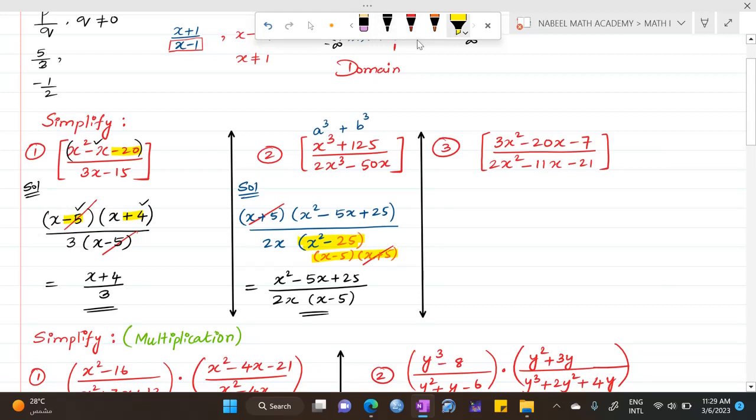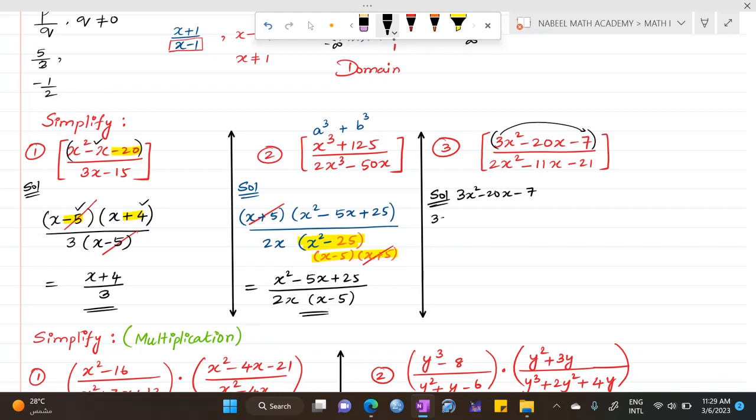Now the next one we will have here. How will you factor this one? What is the factor of this one? First I will do this part, then we will do this one. If you multiply these two, you will get 24. So I write it as 3x square minus 20x minus 7.